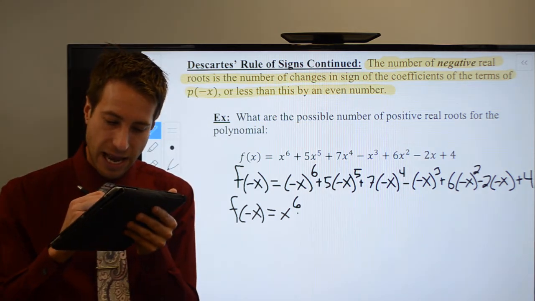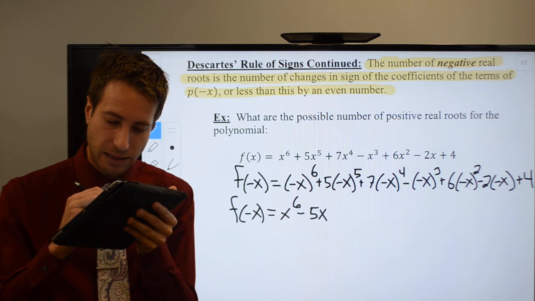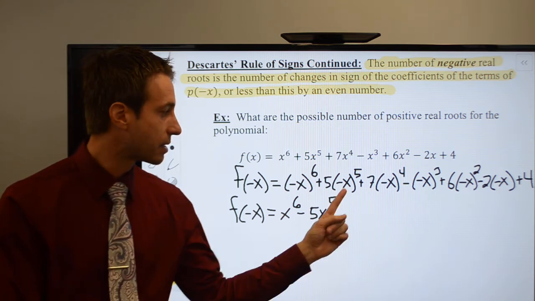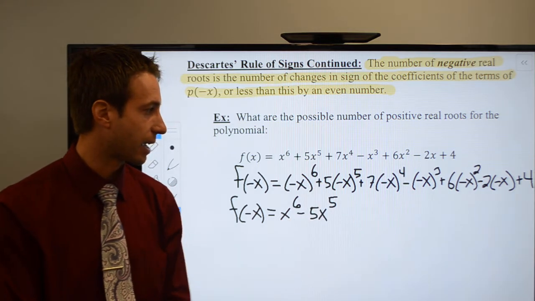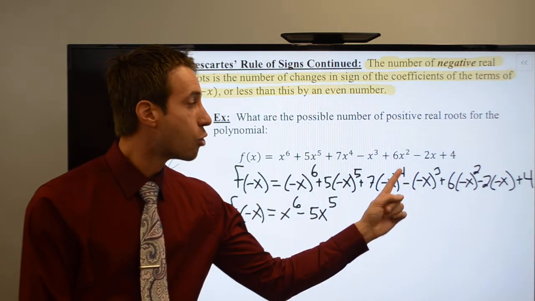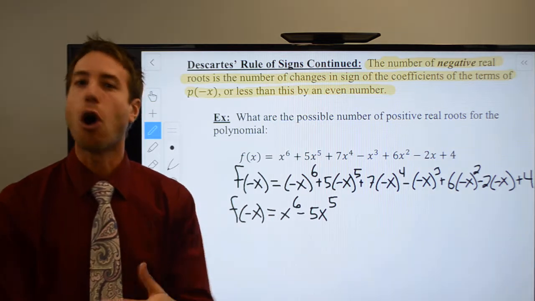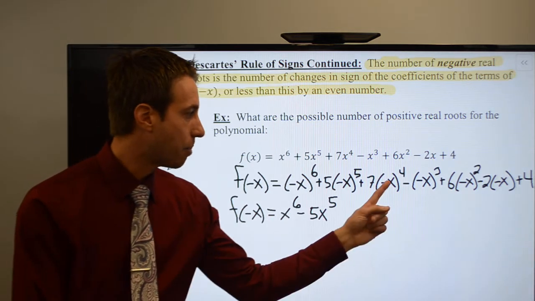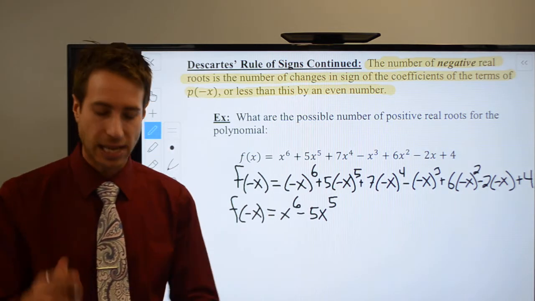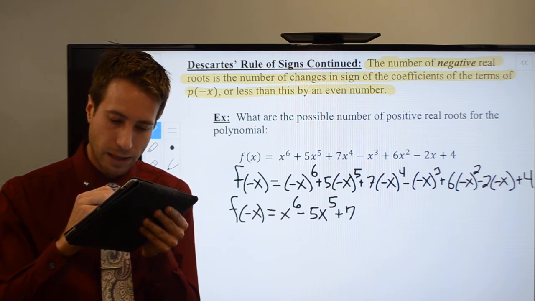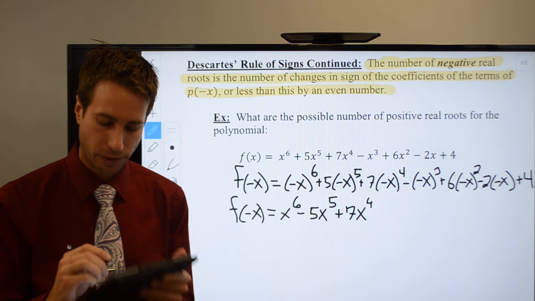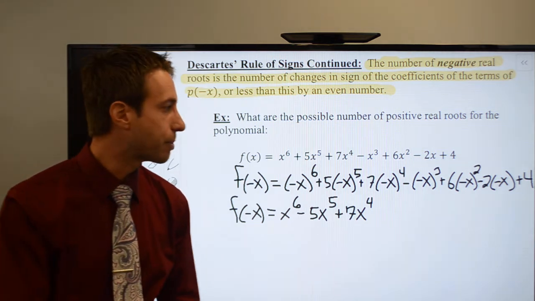So this becomes a negative 5x to the 5th. Why? Because the negative number to an odd power will be negative. Negative times a positive is negative. All right, I have a negative number raised to an even power. That's always going to come out to be positive. Positive times a positive stays positive. So that's going to be a 7x to the fourth.